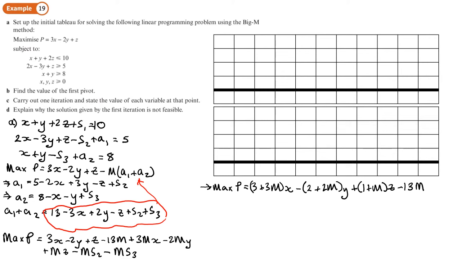Then it looks like we've got minus ms2 and minus ms3. Now remember, we need to write this equal to a number. Remember, this minus 13m is our number.